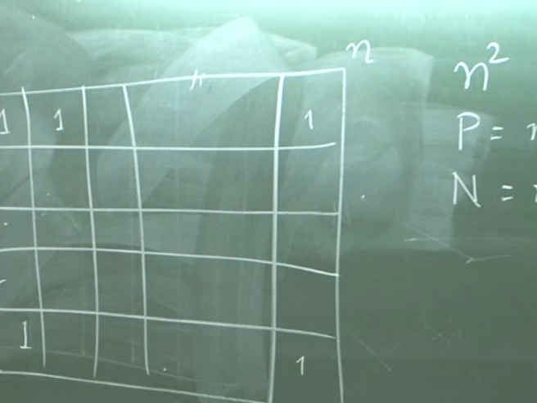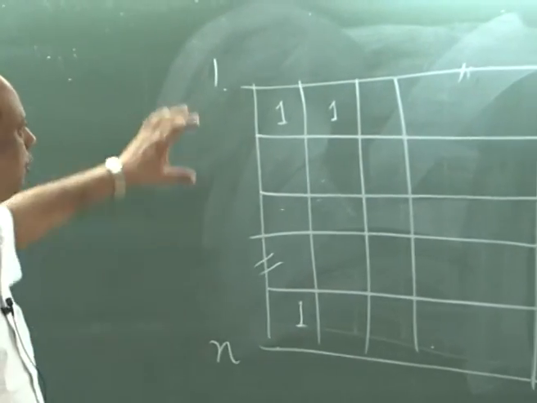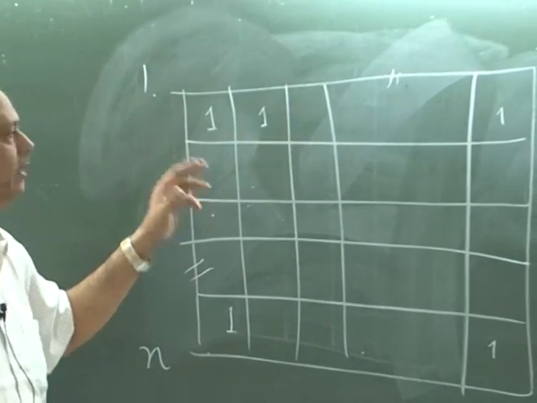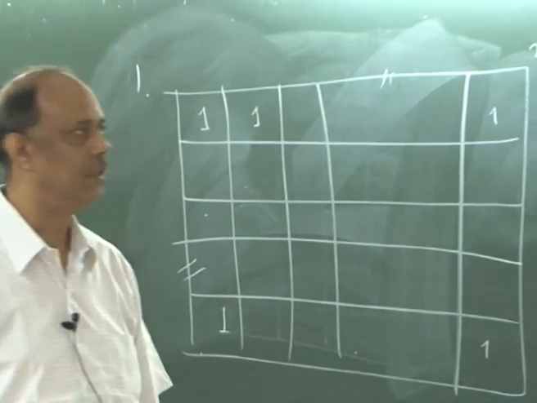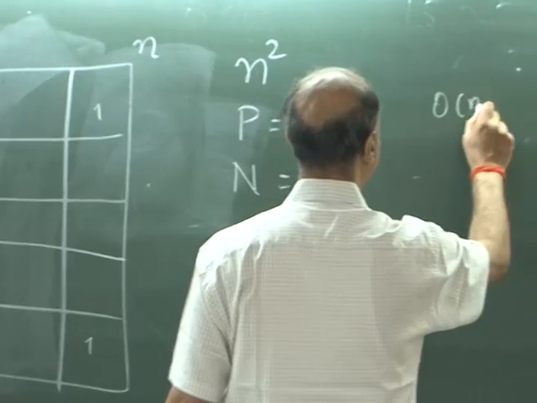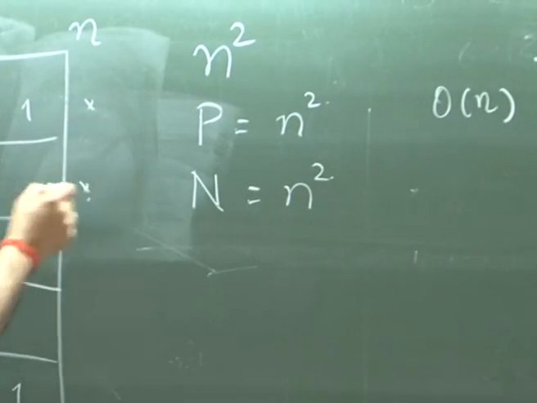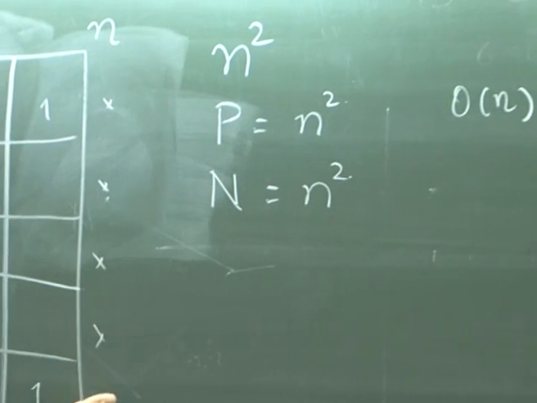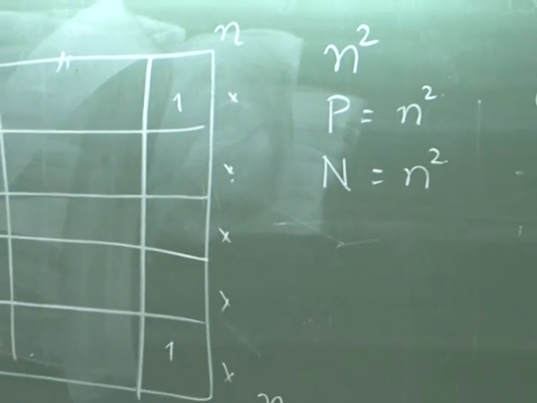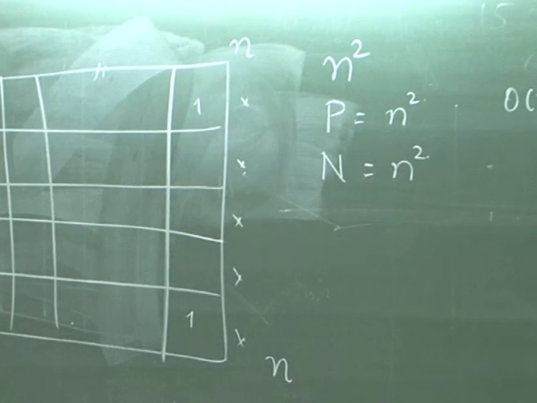Right. Now, in order to find the sum of these n square elements, first I will assume that each row is a linear array and I will add them. This can be done in order n time. You will observe that the summation of the respective rows is available in the last column.